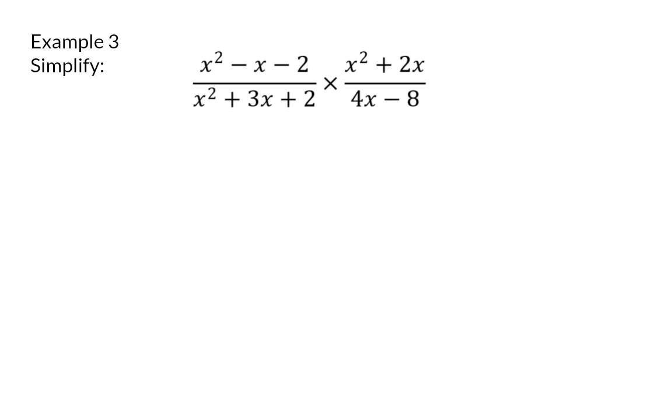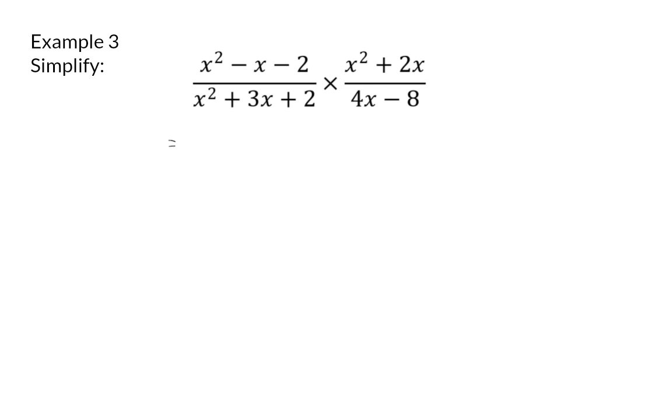In example 3, you will see that the expression gets a bit bigger, but the basic concepts stay the same. You are not allowed to simplify by dividing top and bottom if those numerators and denominators are not one term. That is why I'm going to start off factorizing each numerator and denominator.